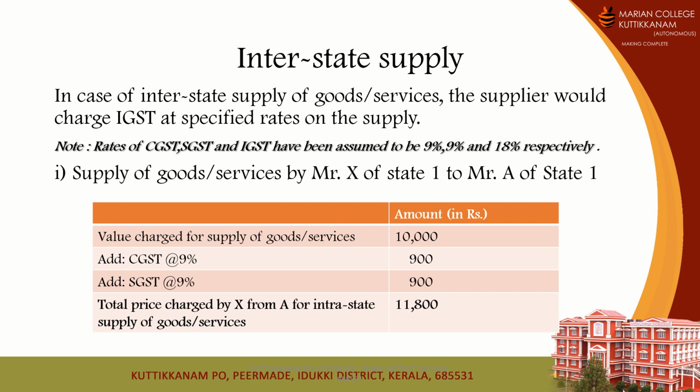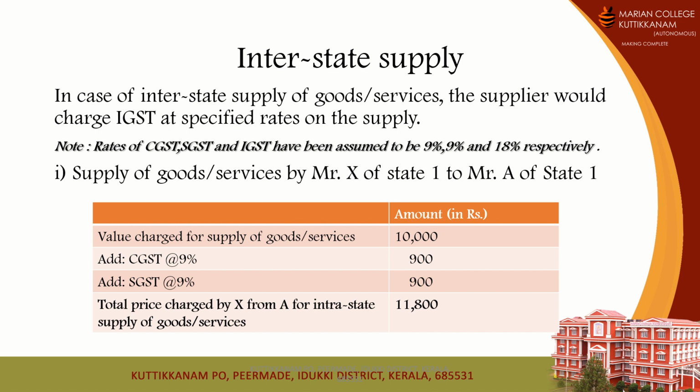In interstate supply of goods or services, the supplier would charge IGST at specified rates on the supply. So remember the concept of IGST, which means Integrated Goods and Services Tax, which is charged at the time of interstate supply of goods or services.